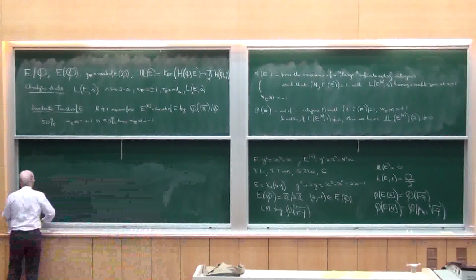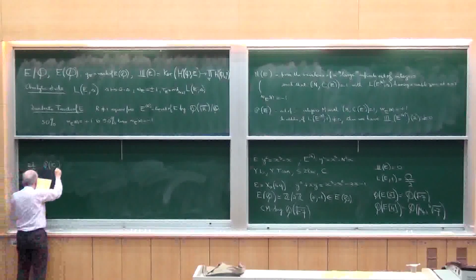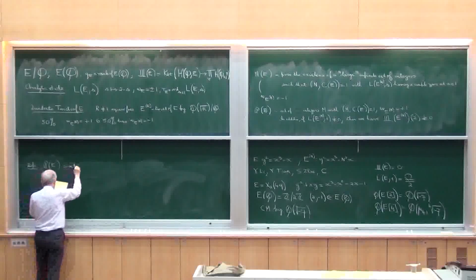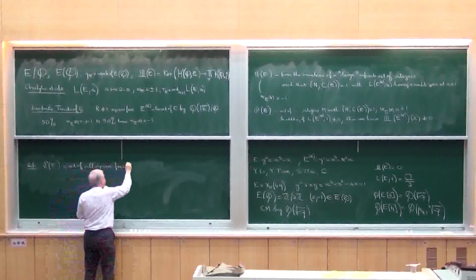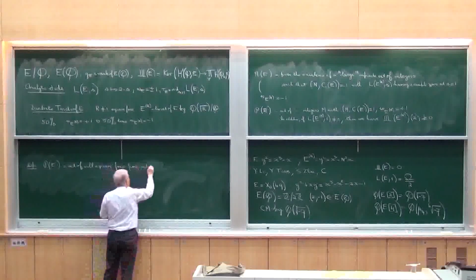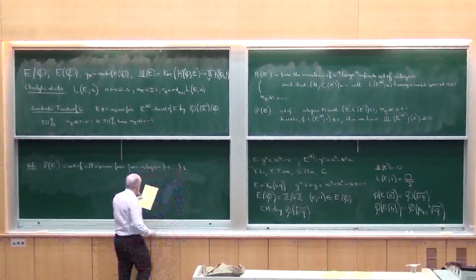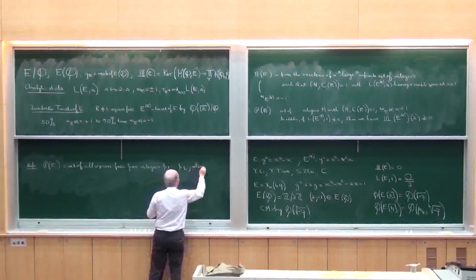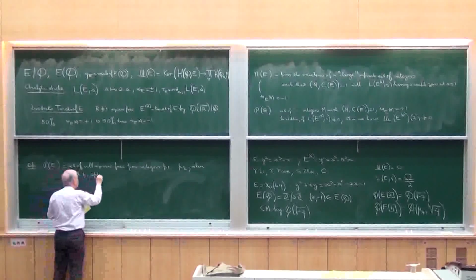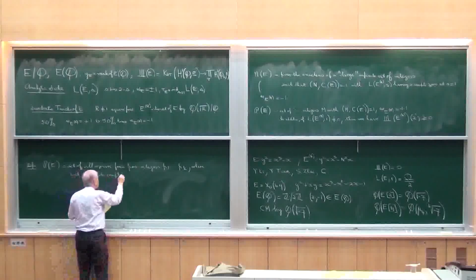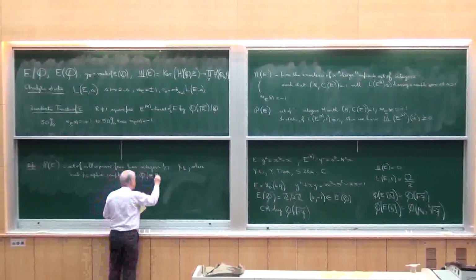So the definition: P of E will be the set of all square-free positive integers p1 up to pk, any number of prime factors, where each pi splits completely in the field Q adjoin the four-division points.